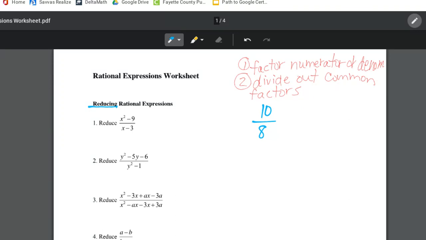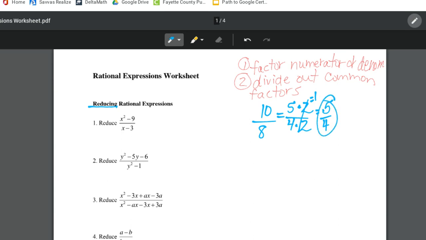If I take 10 over 8 and factor the 10 into 5 times 2, and factor the 8 into 4 times 2, then I can divide 2 divided by 2, because 2 divided by 2 equals 1. And so 5 divided by 4 times 1 is 5/4. So that's how we can reduce 10/8 to 5/4.